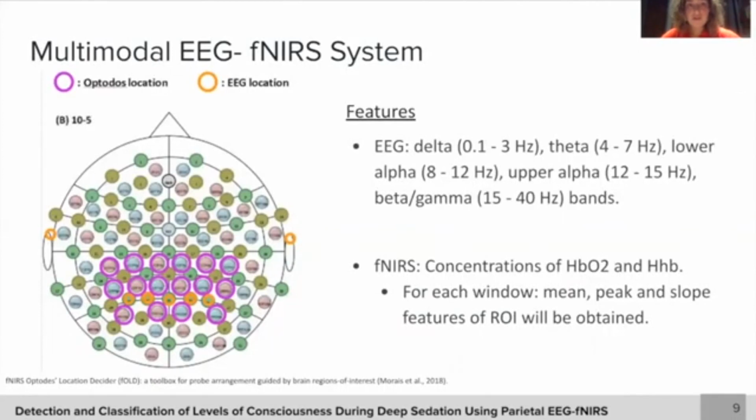We will use a multimodal EEG-fNIRS system, which is shown here in the image, in the parietal zone. Our features for the EEG will be the power bands: delta, theta, alpha, beta, and gamma. And for the fNIRS, the concentrations of oxygenated and deoxygenated hemoglobin. For each window, we want to obtain the mean, peak, and slope of our regions of interest.